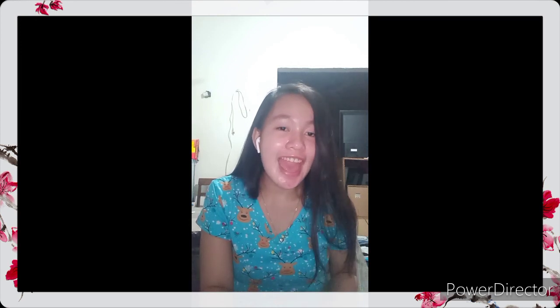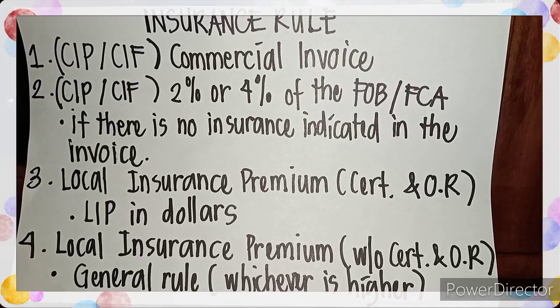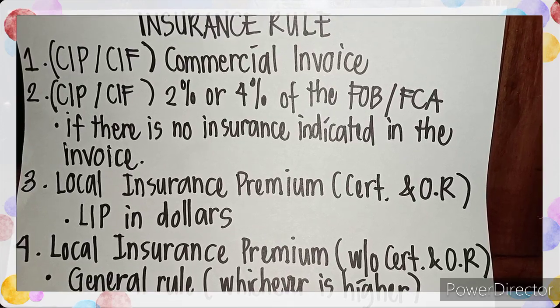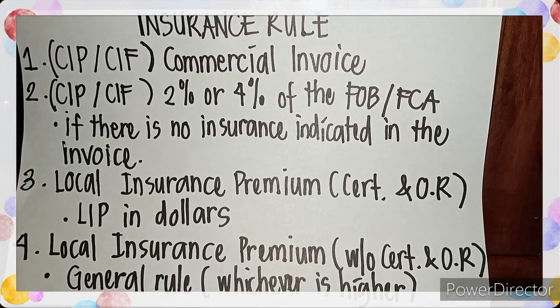And by air, we have the FCA, or the free carrier, insurance, and freight. If we add those three, we can come up with the CIP, what we call carriage and insurance paid to. The dutiable insurance shall be whichever is higher between the amount of local or domestic insurance and 2% or 4% of the FOB or FCA value.